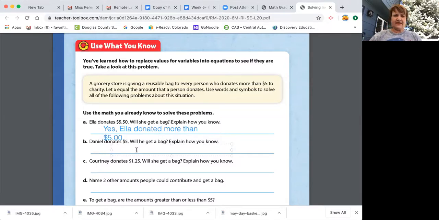All right, let's look down here. Daniel donates $5. Will he get a bag? Explain how you know. Well, I did see up here that it says you have to donate more than $5. So, nope. Daniel will not get a bag. You must donate more than $5.